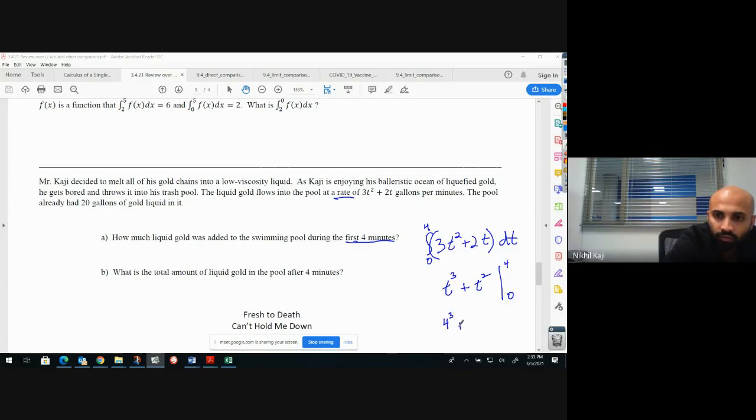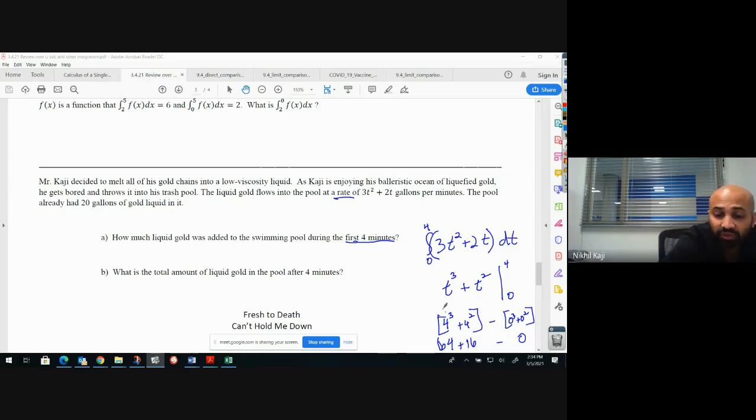4 cubed plus 4 squared minus 0 cubed plus 0 squared, which is just 0, so I don't have to worry about that. So 4 cubed, what is it? 4 times 4, 16, times another 4, 64. Plus 4 squared is 16.